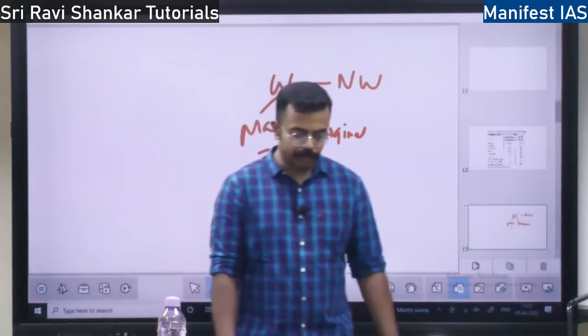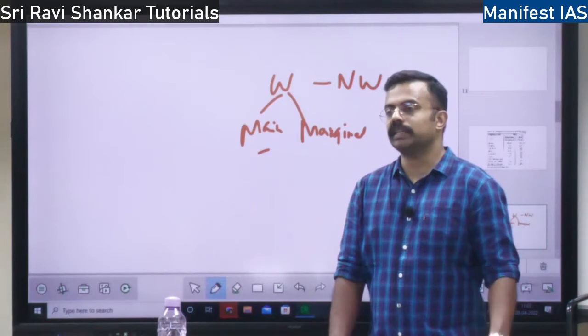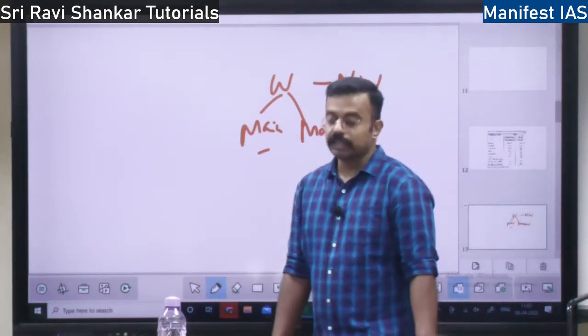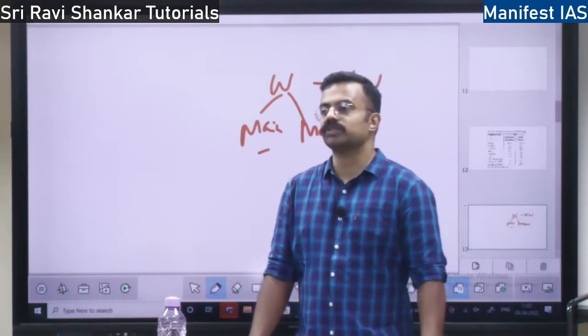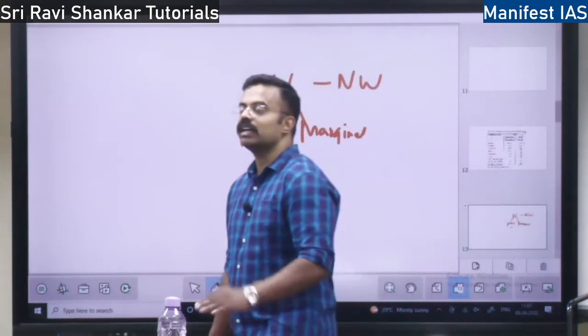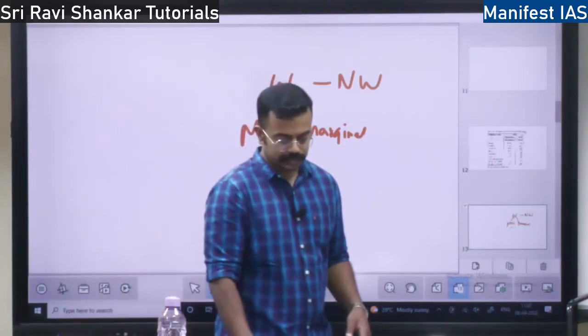To measure the development of women, we have one index called the Gender Development Index. In it, India is ranked around 96th, which is better than neighboring countries like Pakistan, Bangladesh, Nepal, right?